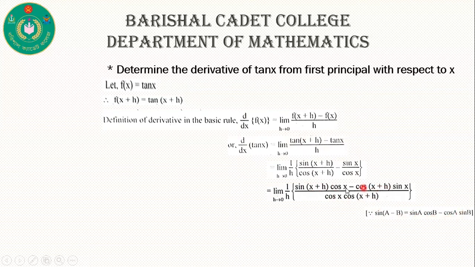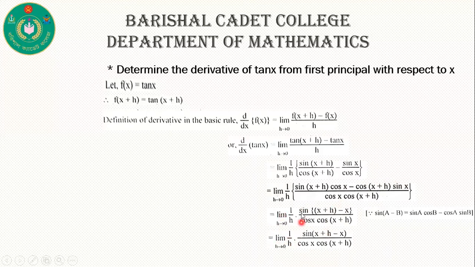Applying this formula here, then we can write sin a means x plus h and b means x. That's why we can write limit h tends to 0, 1 by h, sin (x plus h minus x) by cos (x plus h) cos x, because sin (a minus b) is equal to sin a cos b minus cos a sin b.